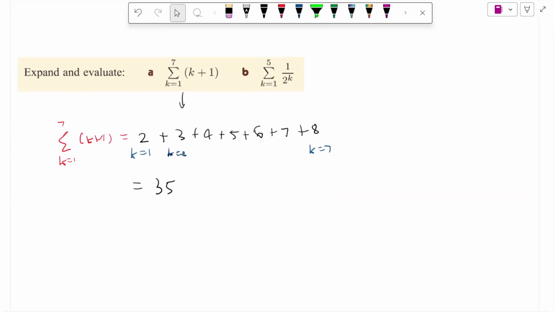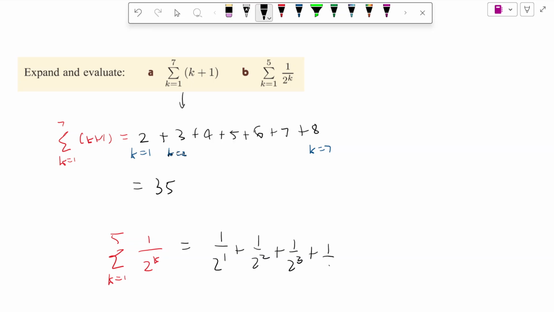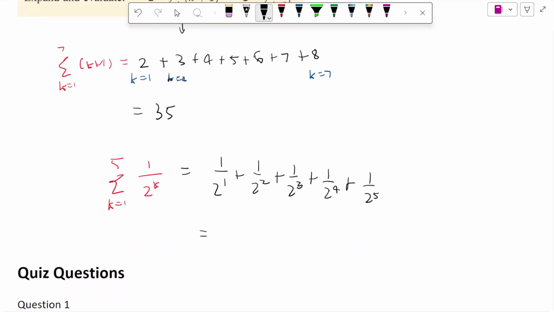Okay, let's look at the next one. So for this next one, k is 1 to 5 of 1 over 2 to the k. So what that means is that is 1 over 2 to the 1 plus 1 over 2 squared, 1 over 2 cubed, 1 over 2 to the 4, and 1 over 2 to the 5. So that's a half plus a quarter plus an eighth plus a 16th plus 1 out of 32.